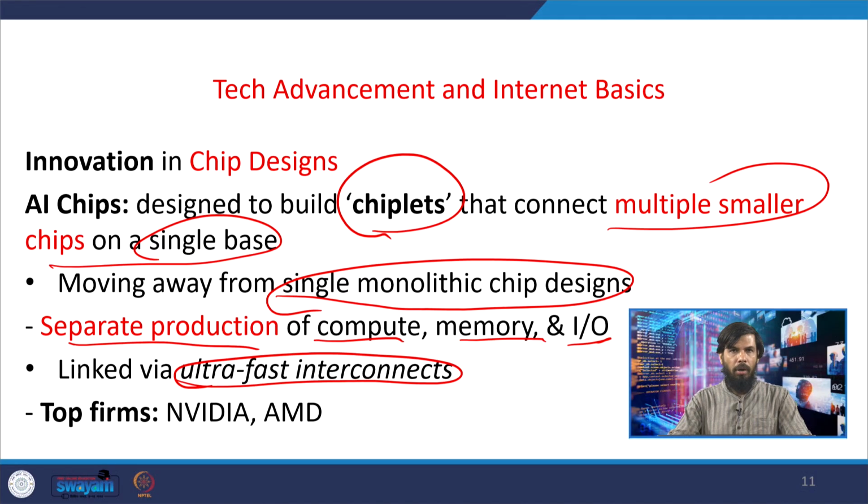Therefore, more specialized production can also happen when we talk about compute or memory or IO. So, that benefit will also be there, right. The top firms leading in this segment are again NVIDIA and AMD, which have gone for this chiplet kind of design, which has multiple smaller chips on a single base linked via ultra fast interconnects, right.